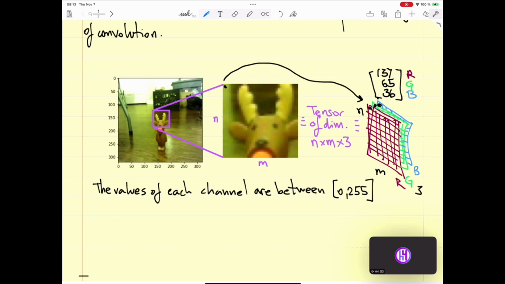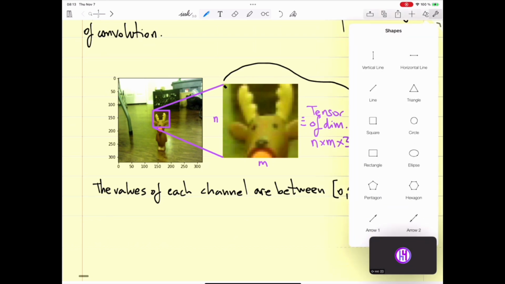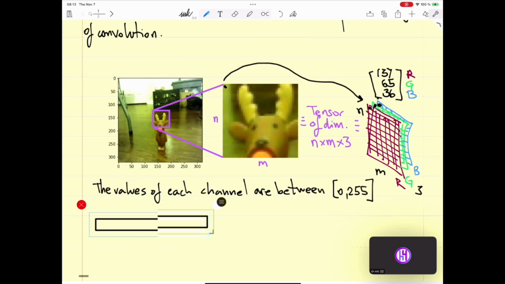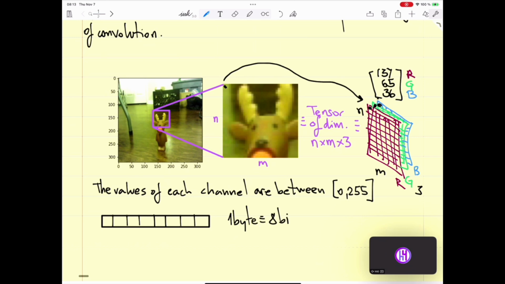The reason is that each pixel value is described by 8 bits. 1 byte is 8 bits, and each bit takes a value of 0 or 1.